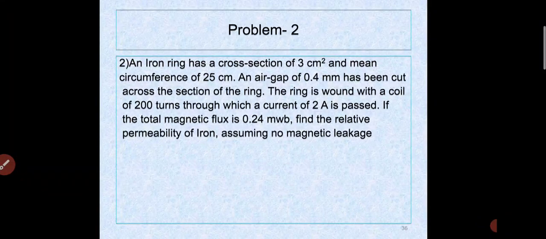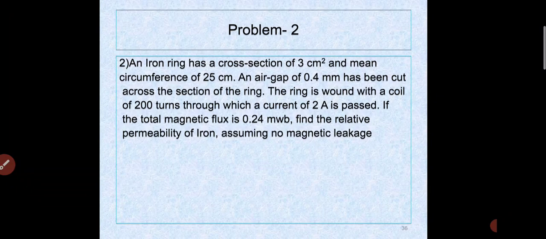So next, problem 2. An iron ring has a cross section of 3 cm square and a mean circumference of 25 centimeters, and an air gap of 0.4 mm has been cut across the section of the ring.